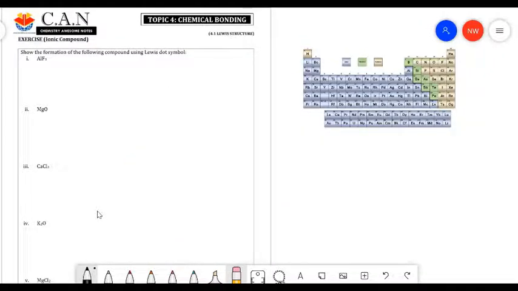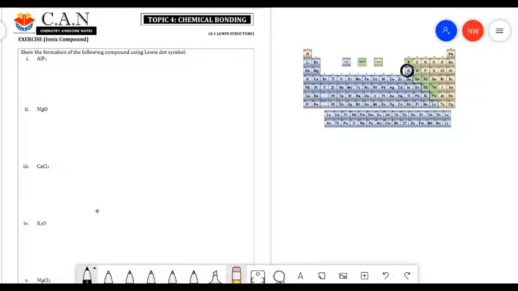Okay, so kita tengok contoh yang seterusnya. Show the formation of the following compound using Lewis dot symbol. So, aluminium dan juga fluorine. So, kita tahu kalau kita tengok periodic table, aluminium bukan transition metal, aluminium adalah metal pada grup 13.